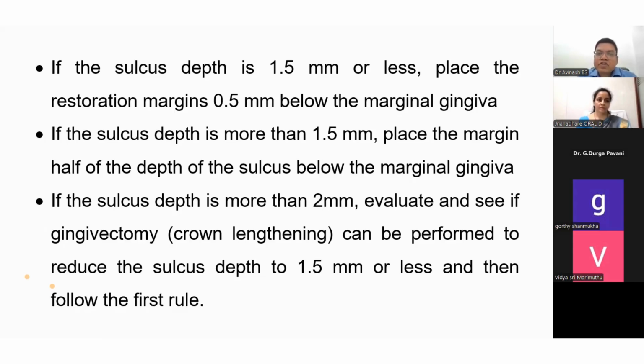That means about 0.75 millimeter beneath the marginal gingiva. If the sulcus depth is more than 2 millimeter, then evaluate and see whether you need to do gingivectomy or crown lengthening, and then follow the first rule. That is 1.5 millimeter or less, then you will place the margin 0.5 millimeter beneath the marginal gingiva so that you don't encroach the biological width.